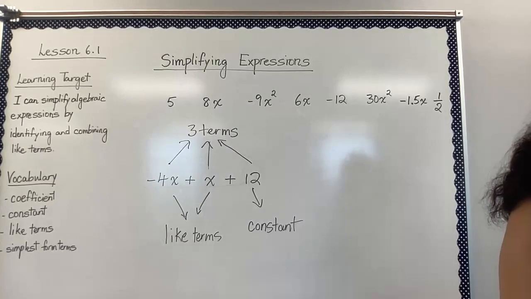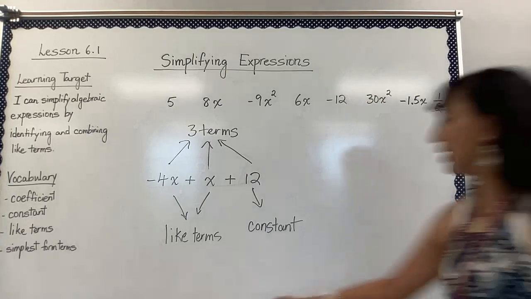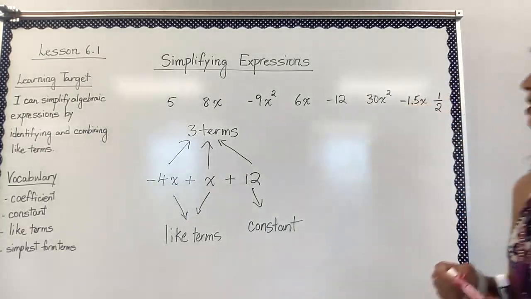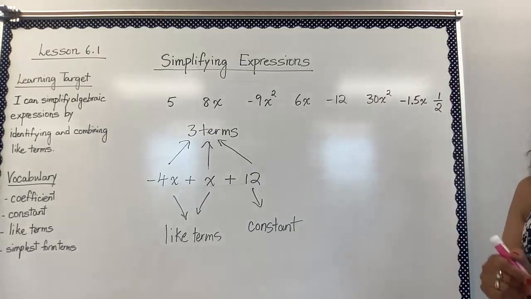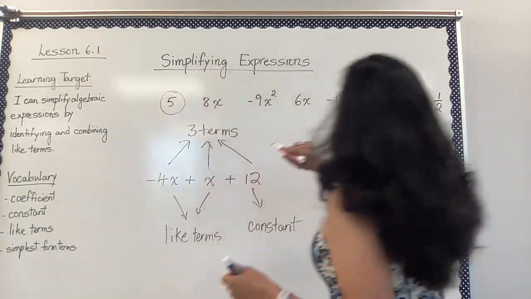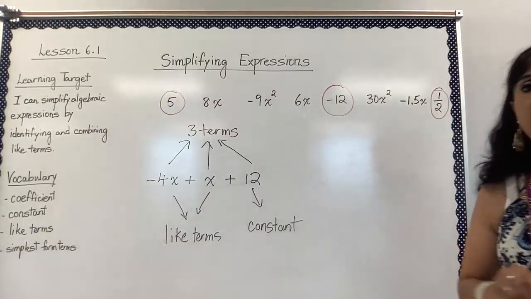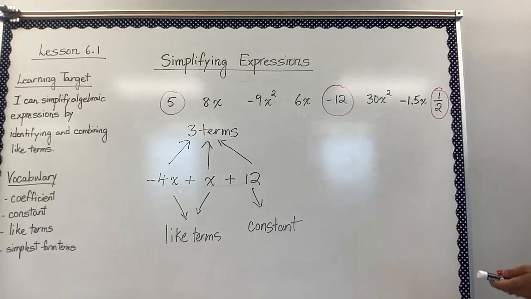Okay, so once again, if we are going to sort the like terms, I am just going to underline or circle with the same color. If I look at the top, these are my like terms: 5, negative 12, and 1 half. These 3 are like terms.